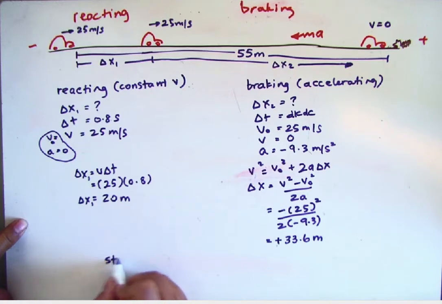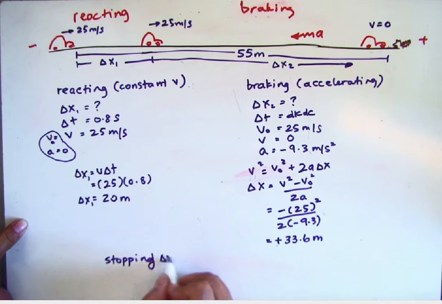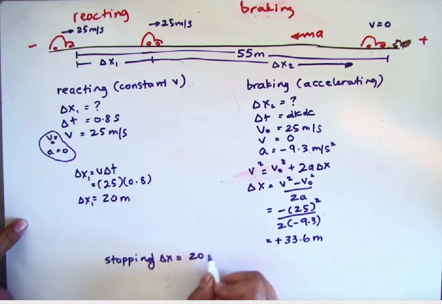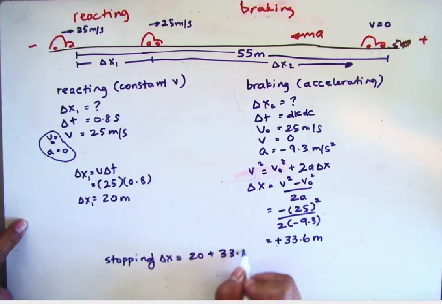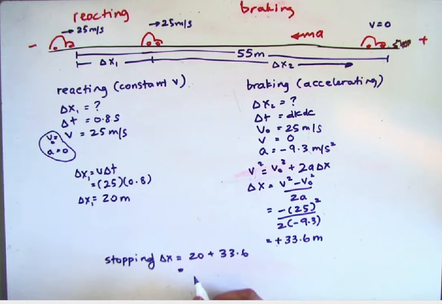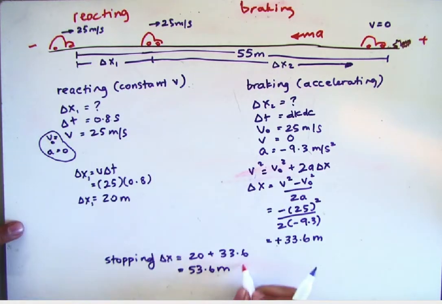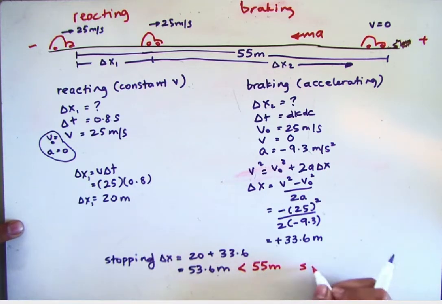Stopping delta x is equal to 20 plus 33.6, which equals 53.6 meters. Since this is less than the distance, I can definitely say the squirrel lives.